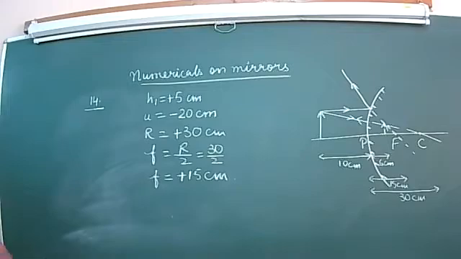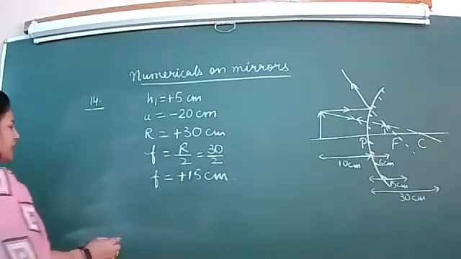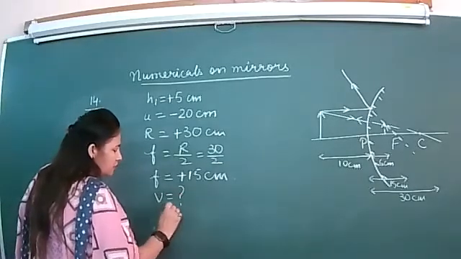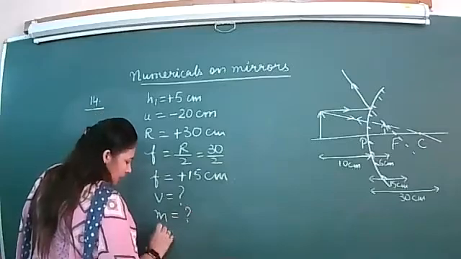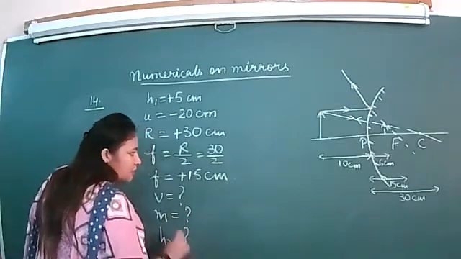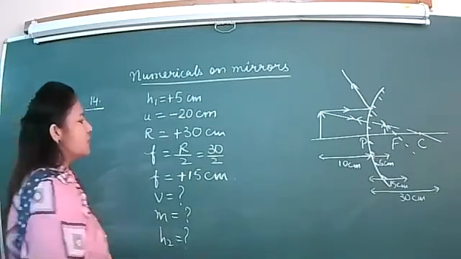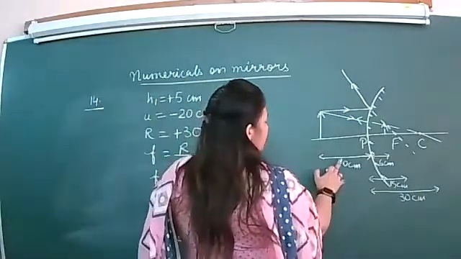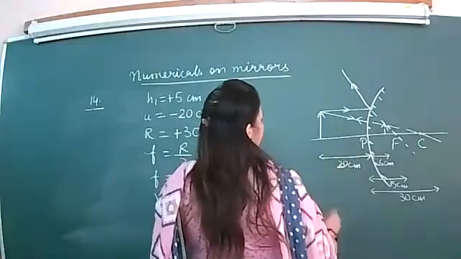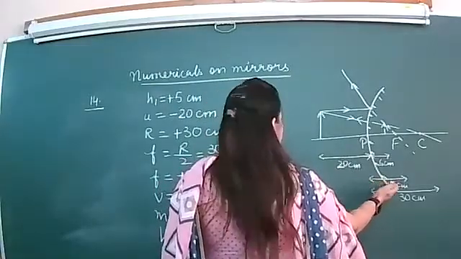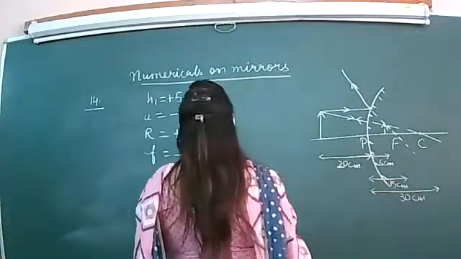So that is what is given and we are again to find position of the image, nature of the image and size of the image. So these things we are to find. Ray diagram will also remain the same, just dimensions will change. Here U is 20 centimeter, focal length is same 15, radius of curvature is 30.